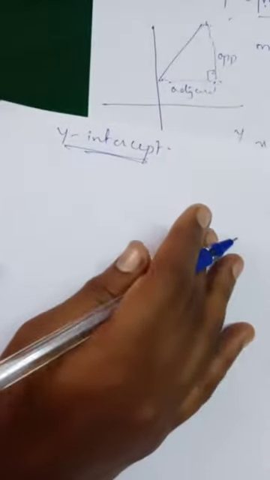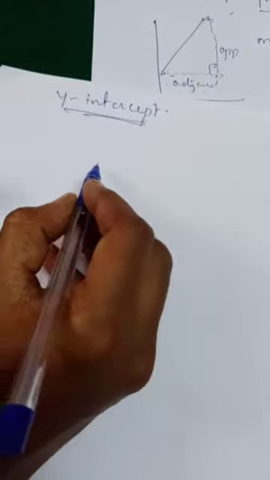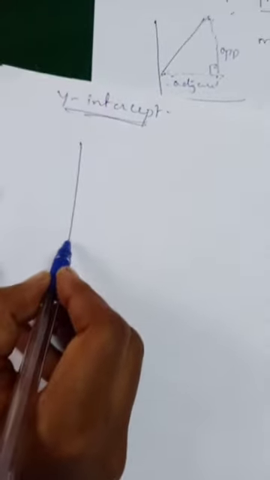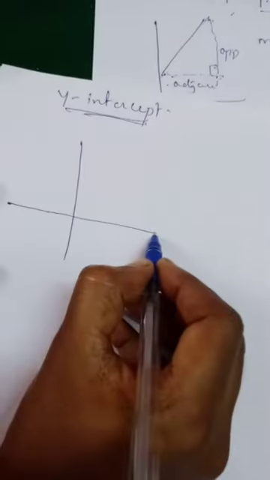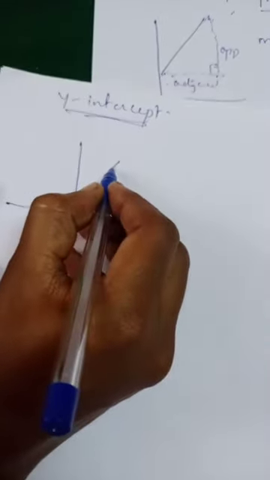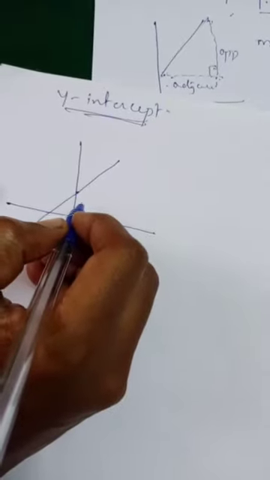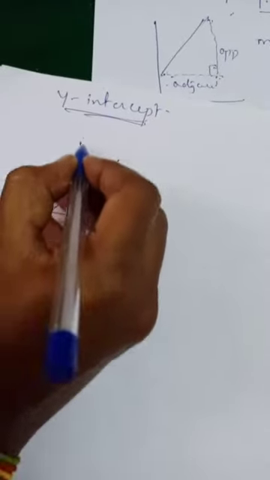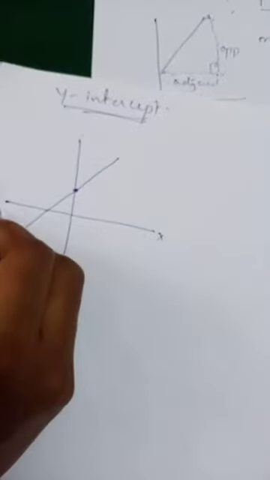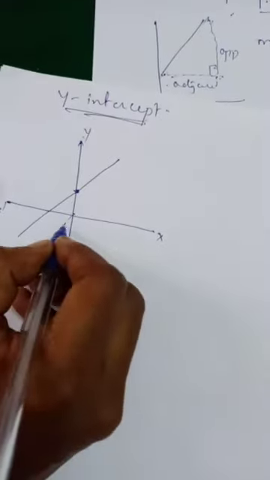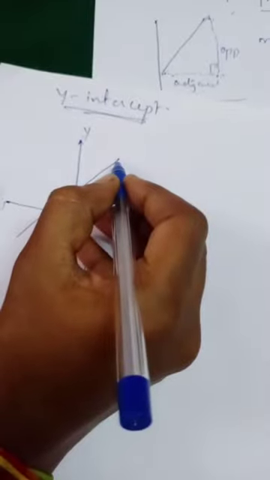So what is y-intercept? It is a straight line. Again I'll draw one more coordinate axis. Take a straight line that meets the y-axis. So this is x dash, this is y, this is y dash, and this is the origin.